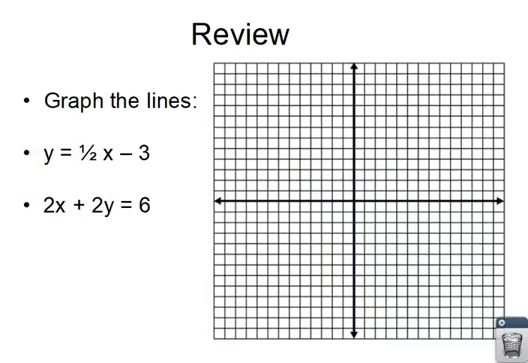All right, what about lines that look like this? So let's start with the first one, y equals 1/2 x minus 3. You have to start at negative 3 because this is in slope-intercept form. So we go down 3, and then our slope is 1/2. So we go up 1 over 2, up 1 over 2.